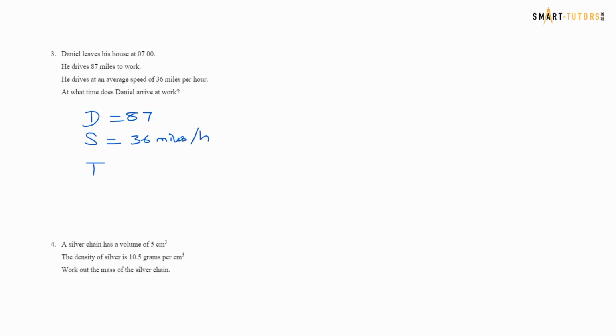In the triangle, the speed, distance over time. So the time equals distance divided by speed. Distance is 87 divided by 36. So the unit is going to be hours.